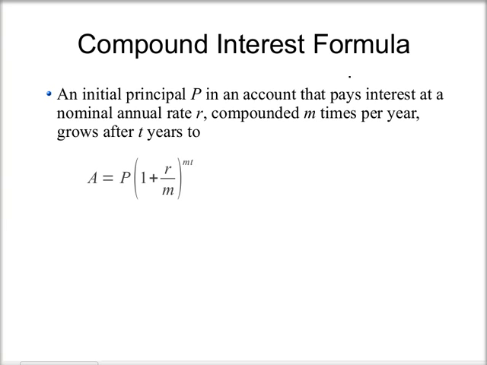And remember that R over m is the same as the periodic interest rate I. And now this is to the power m times t. So if you have m compounding periods per year for t years, this is the number of compounding periods that have happened.